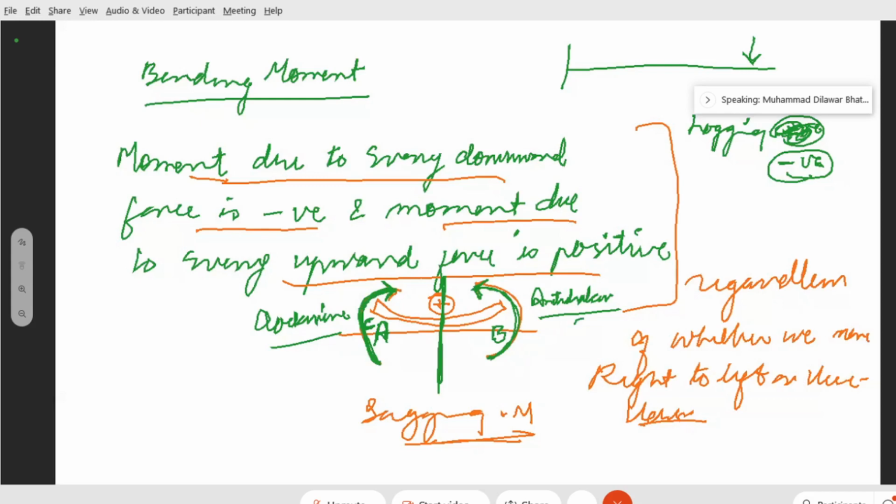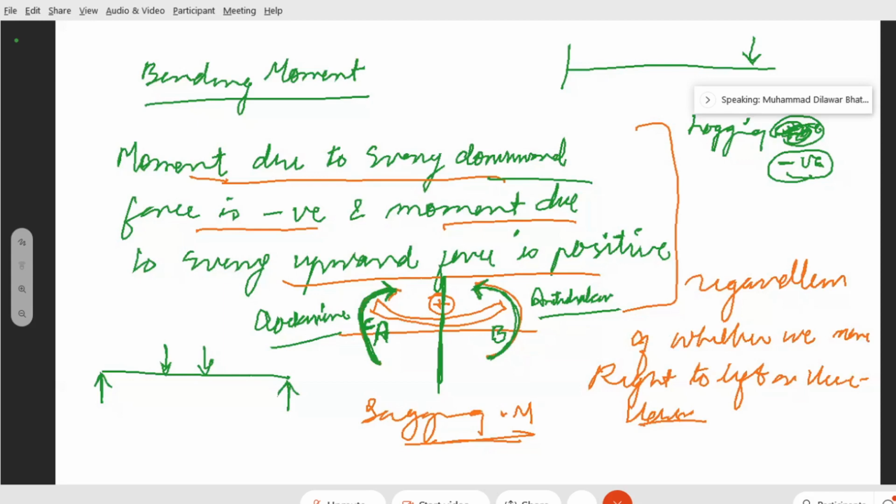I said that every downward force in either of the directions will be negative, and the moment due to every upward force. That means if this is our beam, a simply supported beam, and we have some load, and we need to calculate the shear force and bending moment diagram, it will sag like this and have a positive moment.